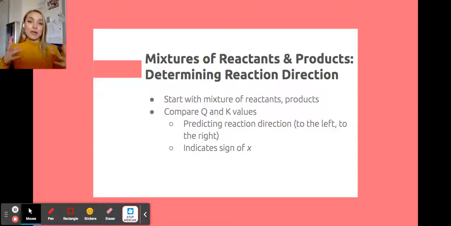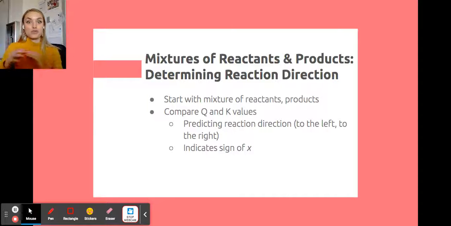Whenever we have a mix of reactants and products, because we know that equilibrium is a dynamic system, if we have more product initially introduced into our chemical reaction than we will have at equilibrium, we're going to see the reverse reaction, and that will change how we write the values in our ICE chart, in our reaction table.